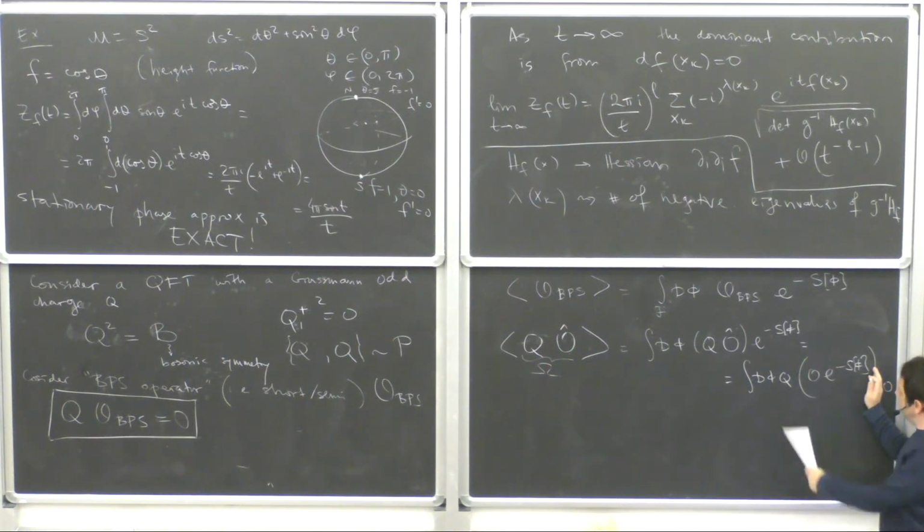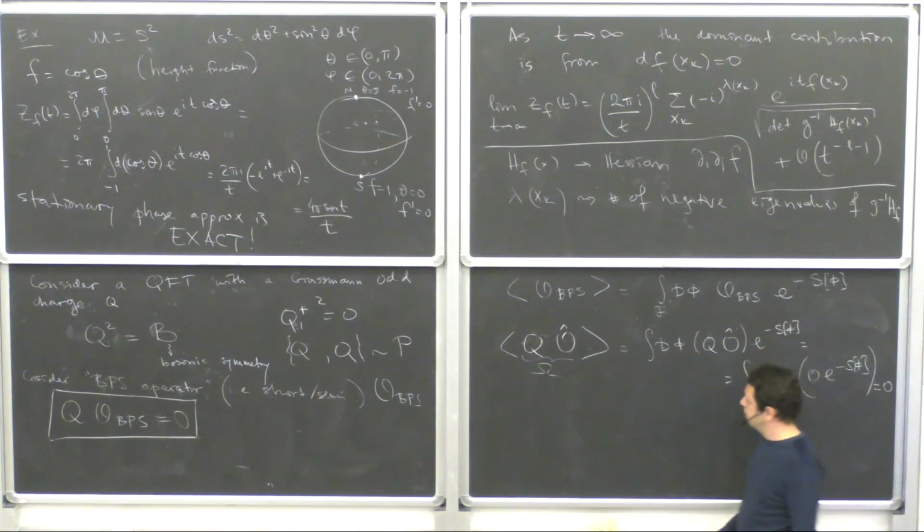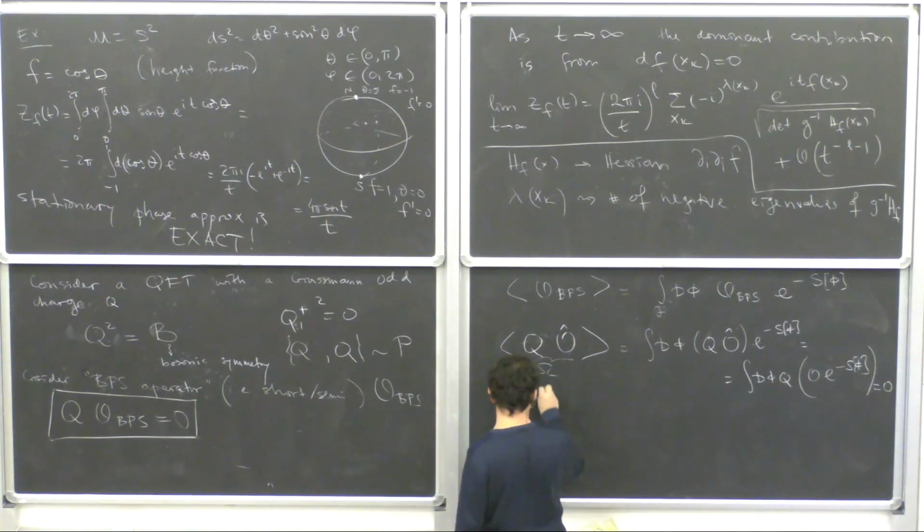Okay. Now, at this point, in my head at least, I'm thinking of Q as a derivative, so I can use some kind of a Stokes theorem. Suppose that the measure, this mysterious object in quantum field theory, the measure in the path integral, is invariant under Q. This is an assumption. Q acting on d phi is equal to 0.